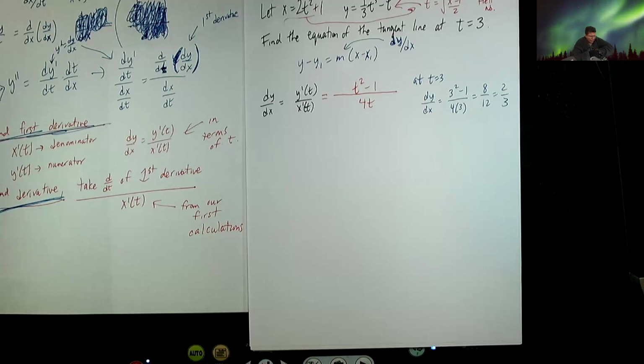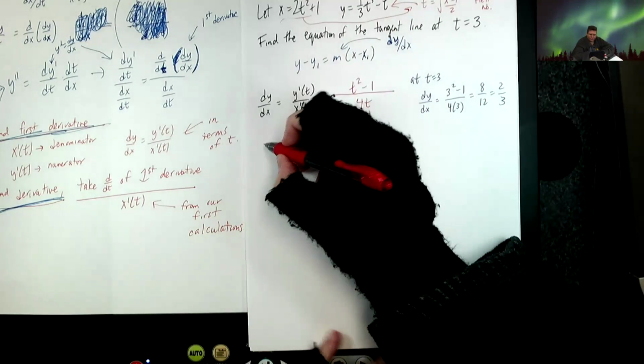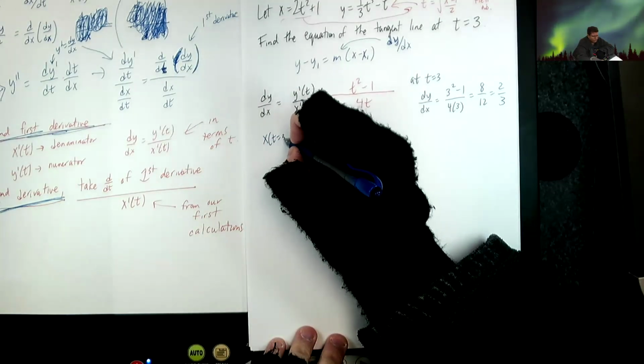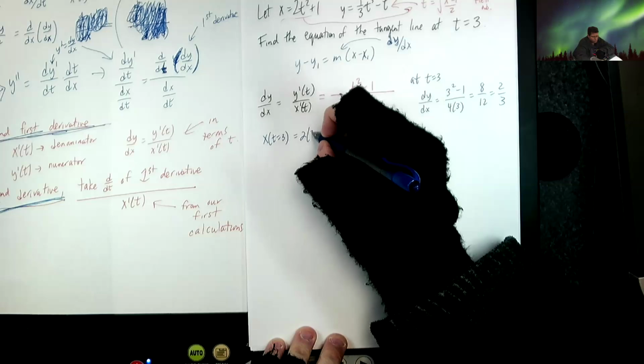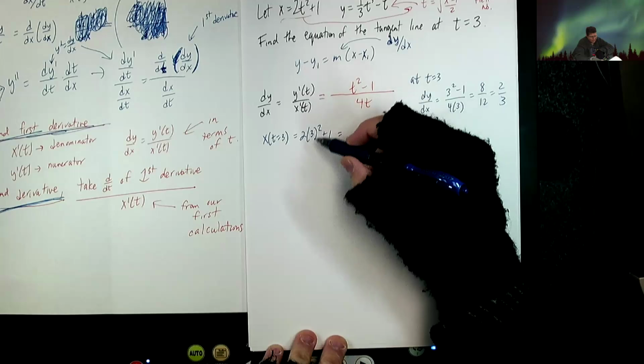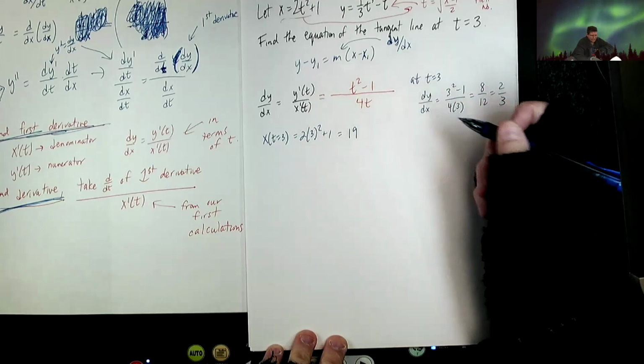Now, we could pick any x, y that is on this graph. I don't know if t starts at 3 and goes onward, or if t is for all values, but I do know that it exists at t equals 3. So let's find x of 3 and y of 3. 3 squared is 9, times 2 is 18, plus 1 is 19.